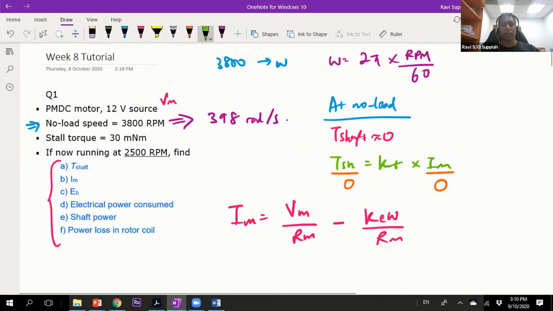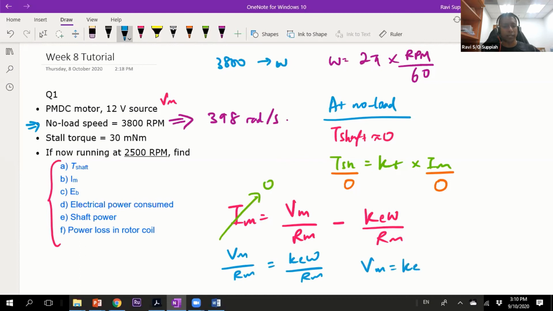So right now I'm telling you that this is zero. So if I rearrange, I basically get Vm over Rm equals Ke omega over Rm. So I can remove the Rm. So Vm equals Ke omega.